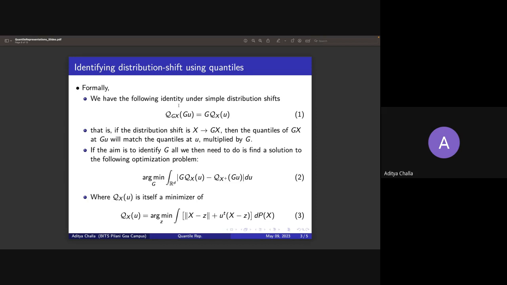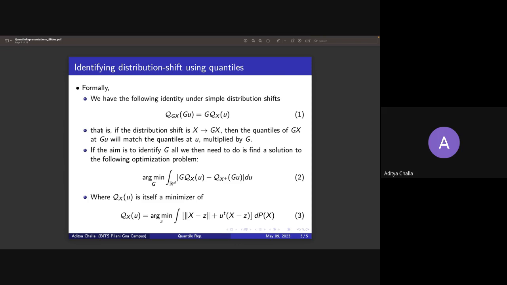The distribution entirely remains the same, but we cannot identify it because the quantiles don't change. If x is a Gaussian, x and minus x have the same distribution. So then the quantiles don't change and you can't identify it. Okay, so I'm assuming that there is a way to identify this feature.